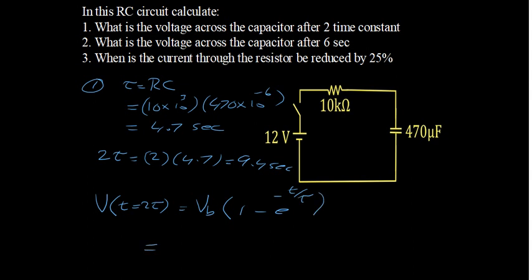I can keep that as 12, the voltage, times 1 minus exponential of minus t over tau, where tau is the time constant. So in this equation, I don't really need to calculate the value of the first or second time constant as 4.7 or 9.4 seconds.